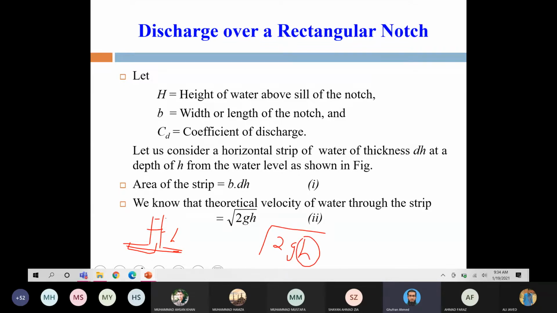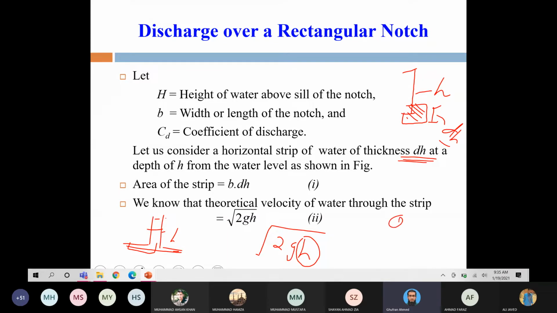The height of water above that point at which we are measuring the velocity। Okay, so we are measuring the velocity in this strip dh, so the small h is the height of water above this thickness। Say if this is the small strip, so the height of water above this is h, and this thickness is dh। So this is theoretical velocity। So what is the formula of discharge?